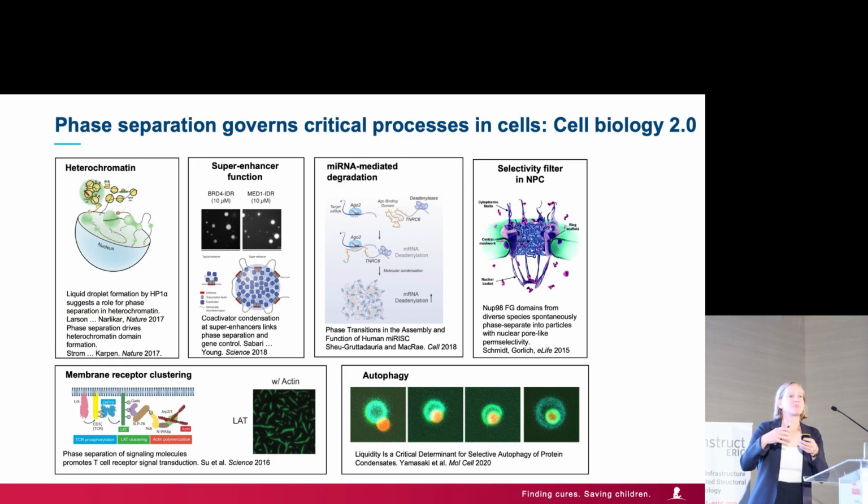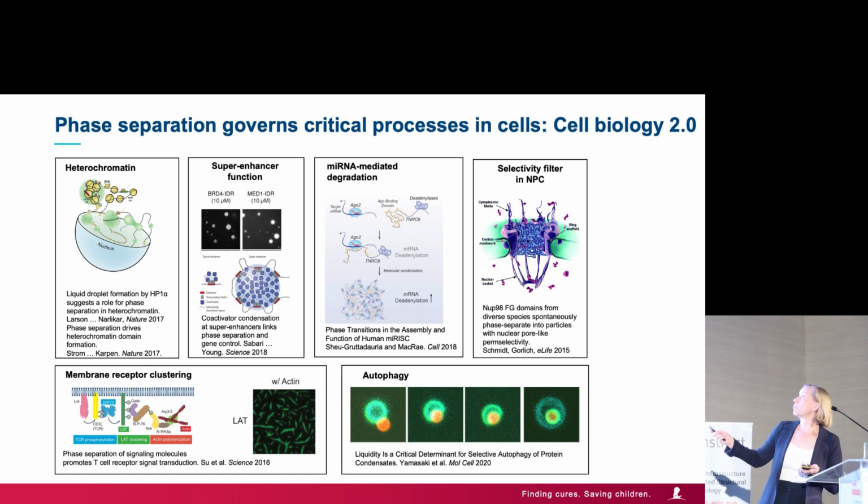There are not only these types of bodies that are being formed by phase separation, but other processes in the cell that are mediated by phase separation as well, as has become clear over the last few years. For example, heterochromatin formation, the function of superenhancers, and perhaps other functions in transcription, RNA metabolism in P-bodies, membrane receptor clustering and the downstream signaling processes, and even processes that involve the formation of new membranes, like autophagy and endocytosis, are mediated to some extent by phase separation.